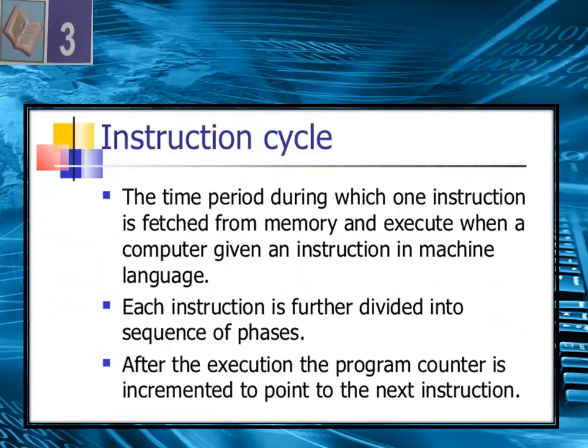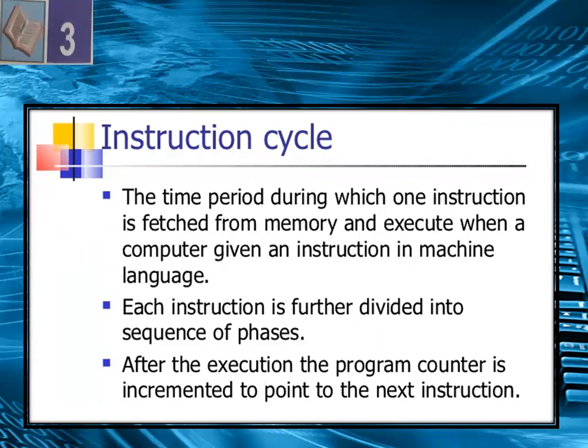Now I'm going to start the instruction cycle. What is the instruction cycle? It is the time period during which one instruction is fetched from memory and executed when a computer is given an instruction in machine language. Each instruction is further divided into a sequence of phases.